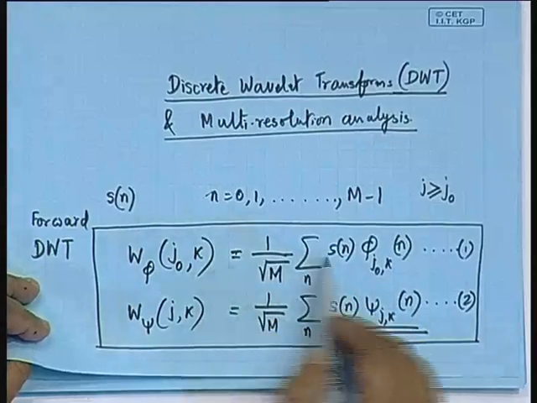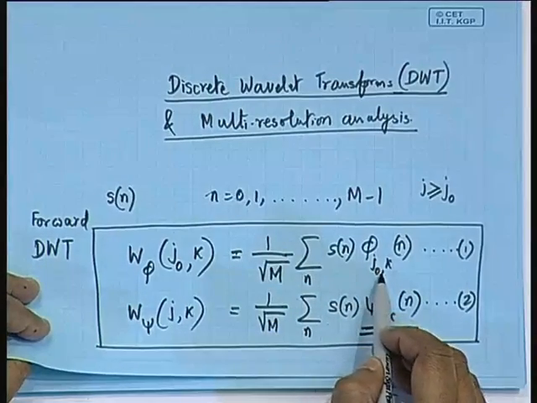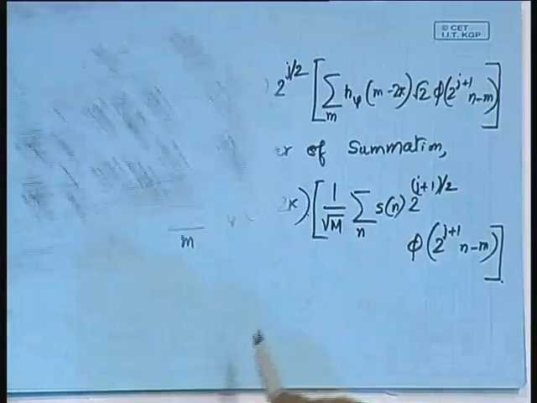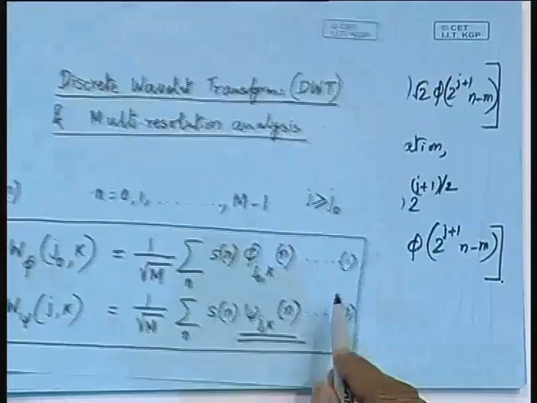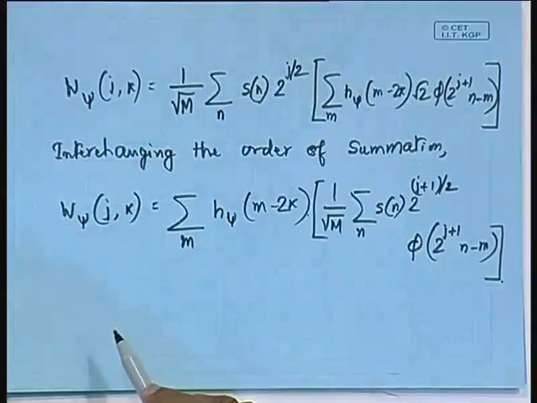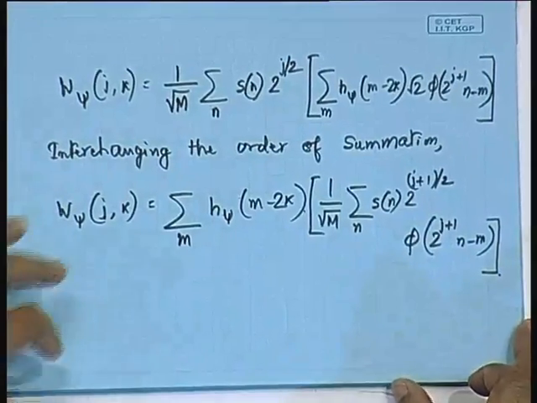This is very interesting, because if you have a look at W phi j 0 k, it takes the form of S n phi j 0 k, and in this case, instead of j 0, it becomes j plus 1.